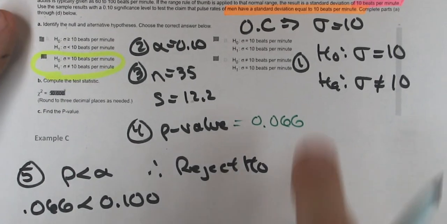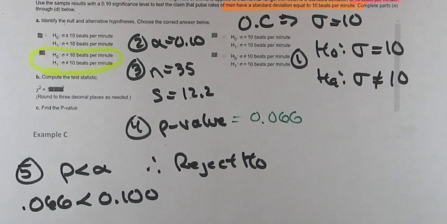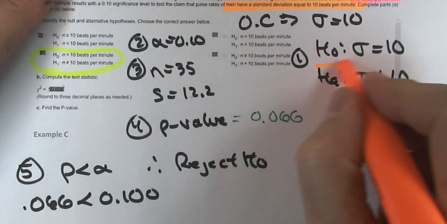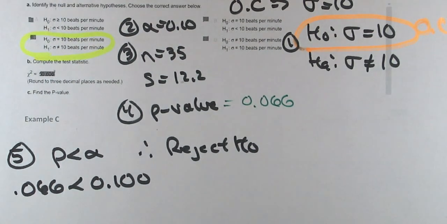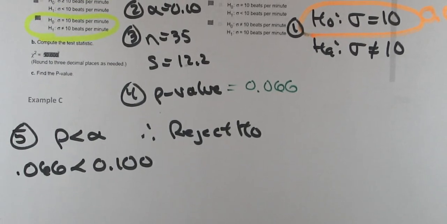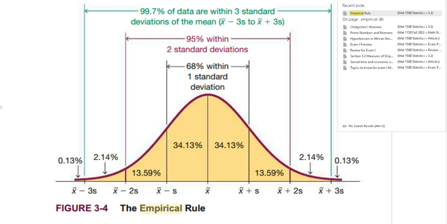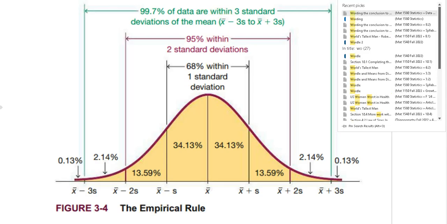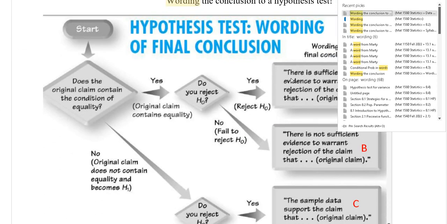So our original claim is right here. It's part of our null hypothesis. Let me circle that. That's our original claim. Let's see about wording our conclusion based on our original claim. Let me go back here and find wording the conclusion. That would be this one.